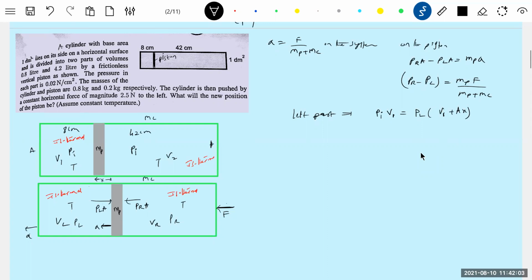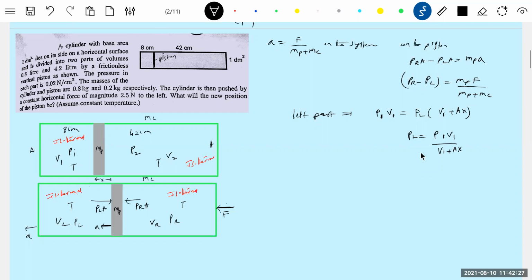Now I can write what is PL. Let me take symbols P1, P2 to keep it uniform. Initial pressure, let it be P1. So PL equals P1 V1 by V1 plus Ax.